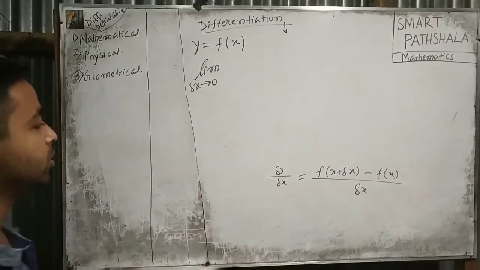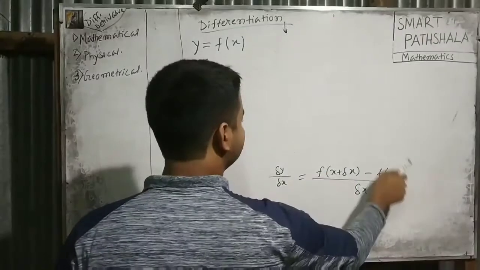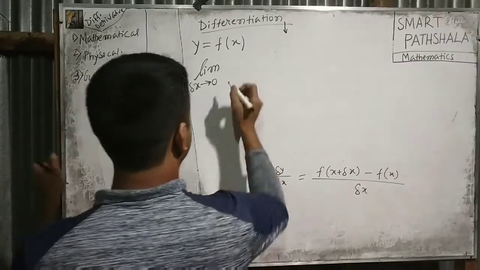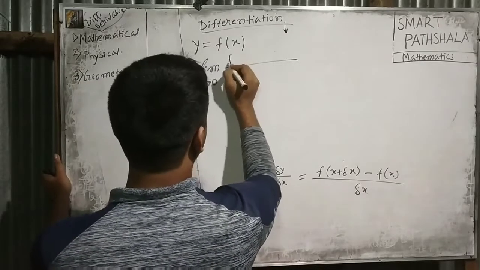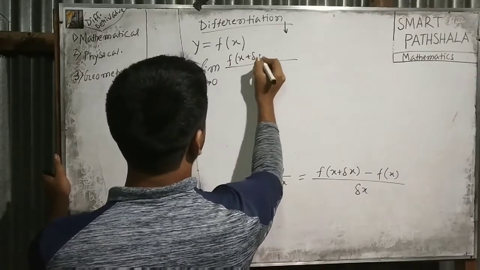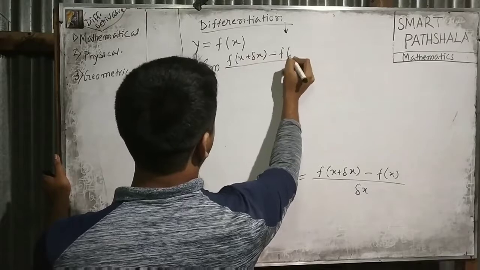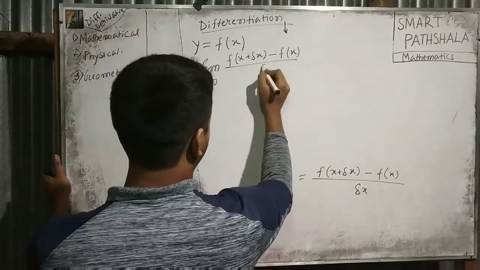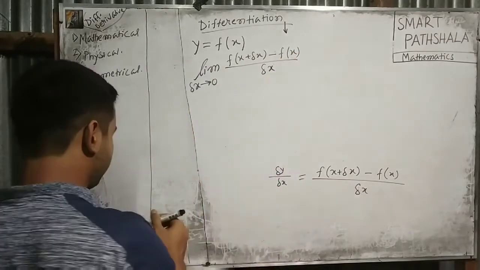When del x tends to 0, then the value of this term, f of x plus del x minus f of x, by del x, right?